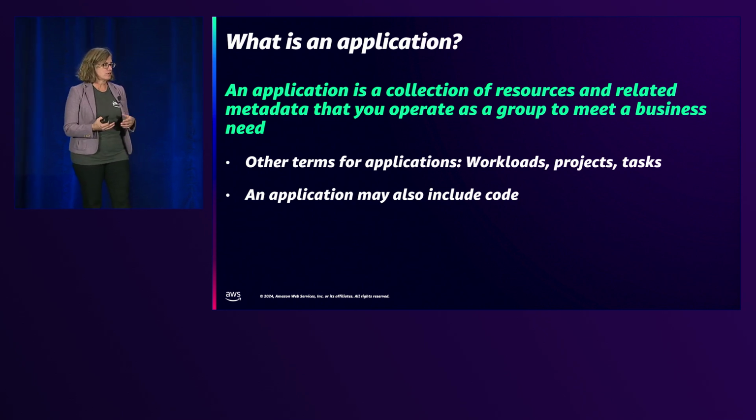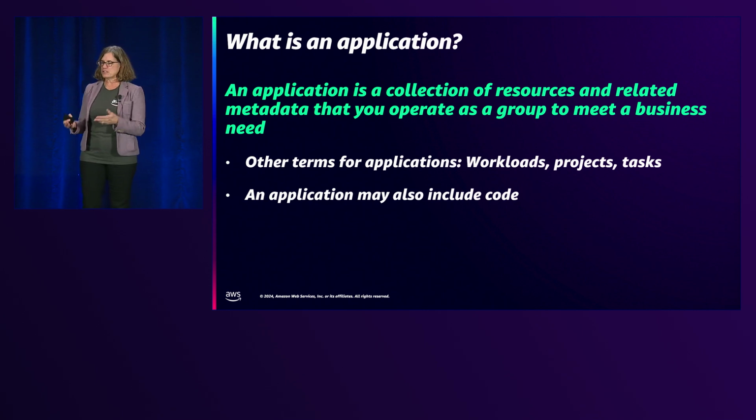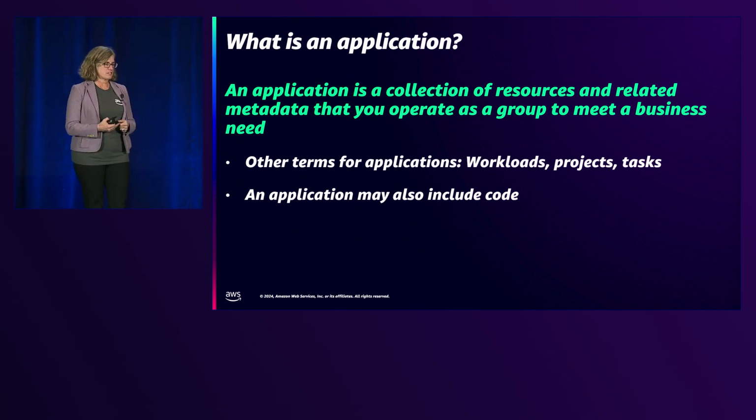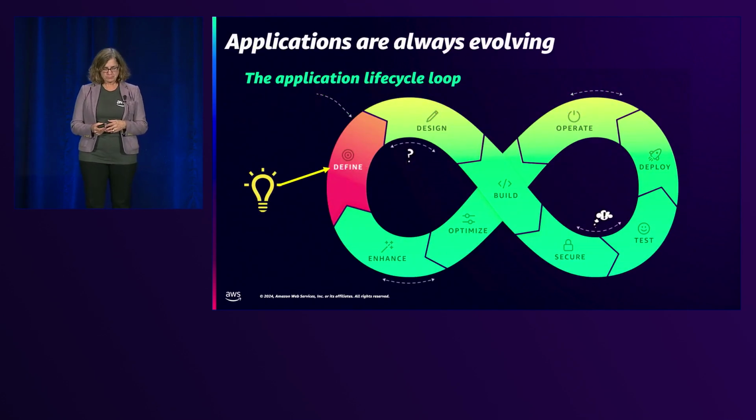An application is a collection of resources and related metadata that you operate as a group to meet a business need. Other terms for application: workload, project, task, and probably many other terms that you might use in your organization.